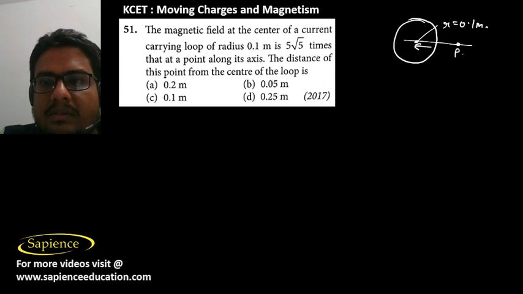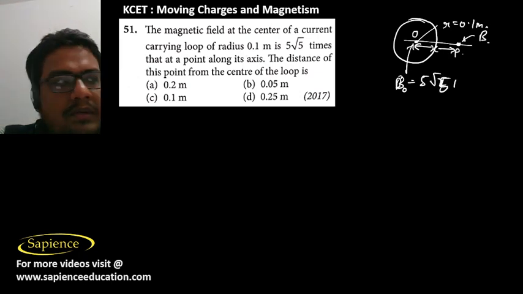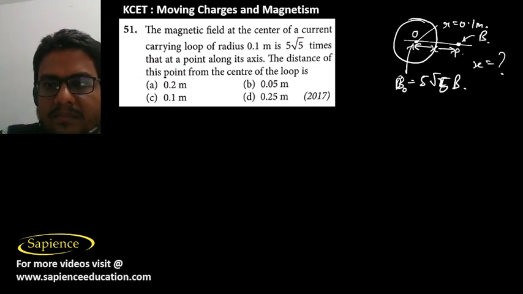Let's say the distance of this point P from the center of this loop is x. If the magnetic field at this point is B, then the magnetic field at the center O, B naught, is equal to 5 root 5 times B. So we have to find x.